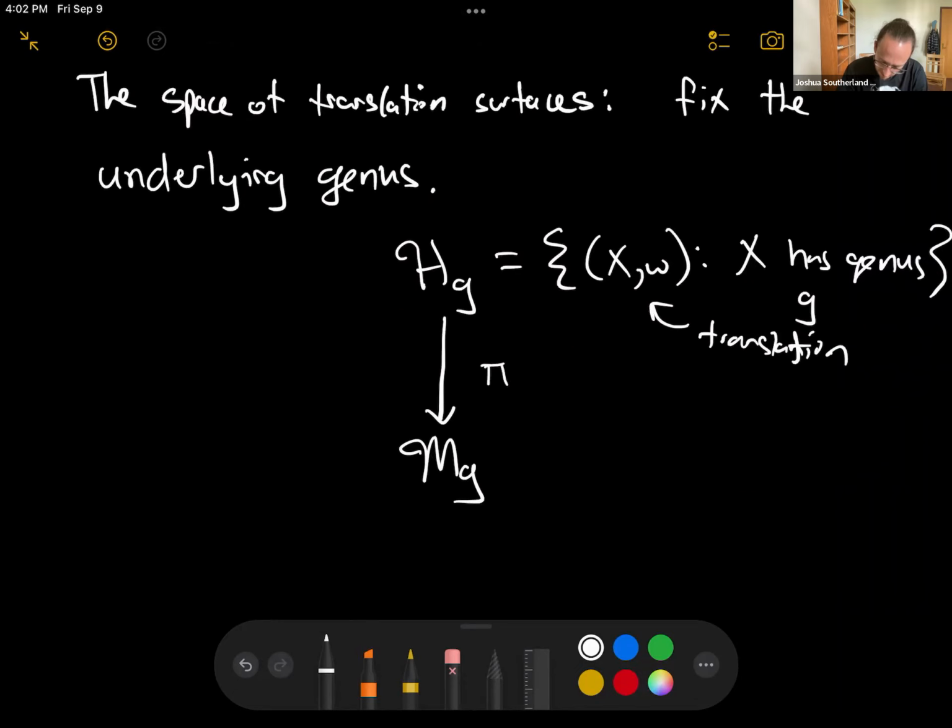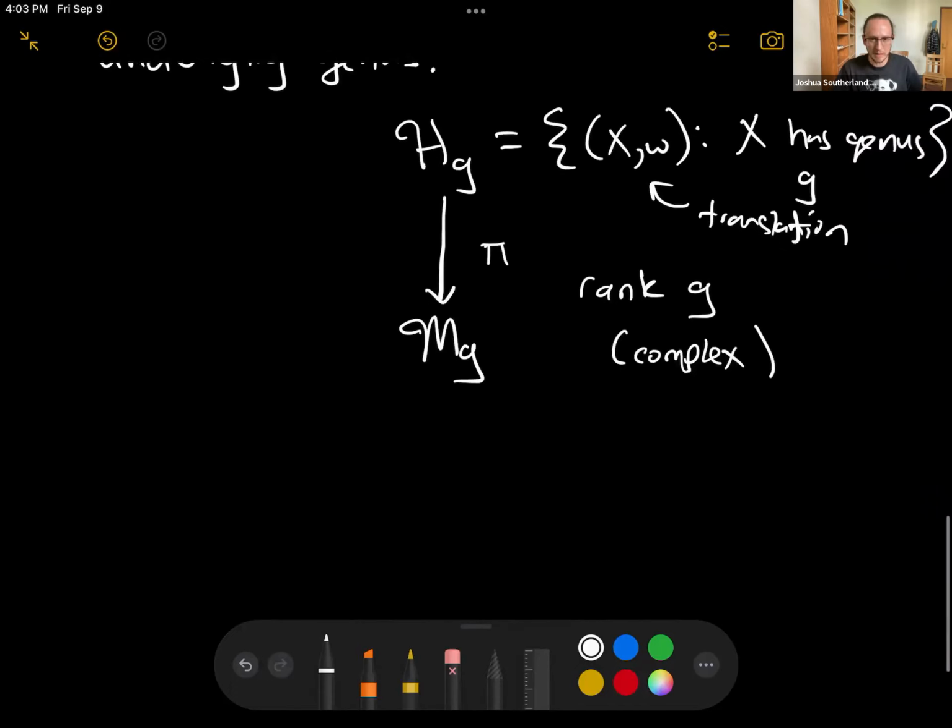So this just projects to the Riemann surface. It forgets about the differential. Okay, and this is rank g. It's a complex g-dimensional vector space.